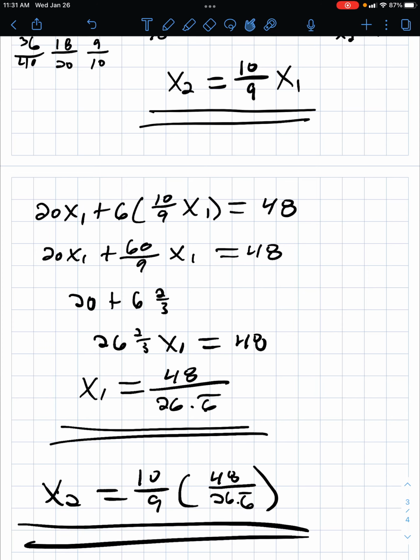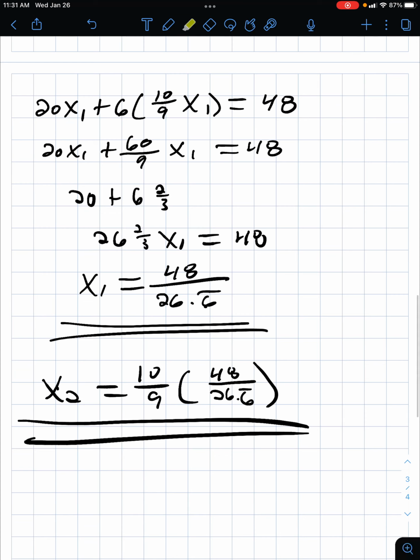So these are solutions for what Paul will consume if he's maximizing his utility. He would like to consume 48 over 26.6 for x1, and for x2 he would like to consume 10 over 9 times 48 over 26.6 repeating.